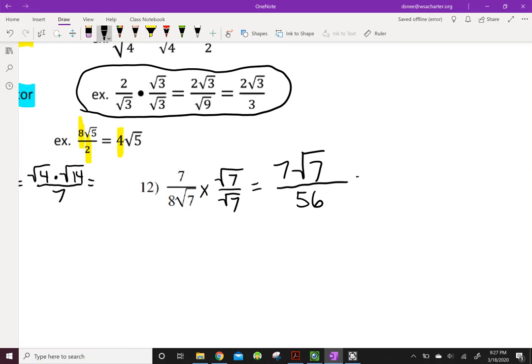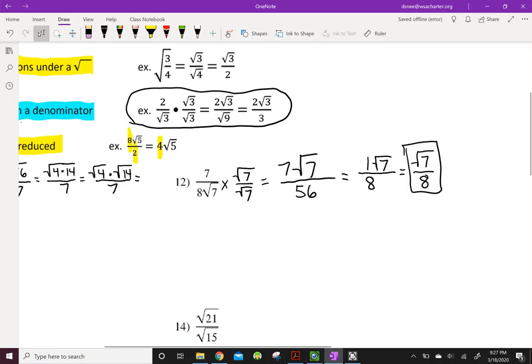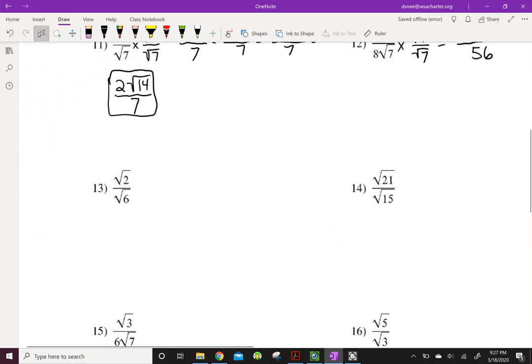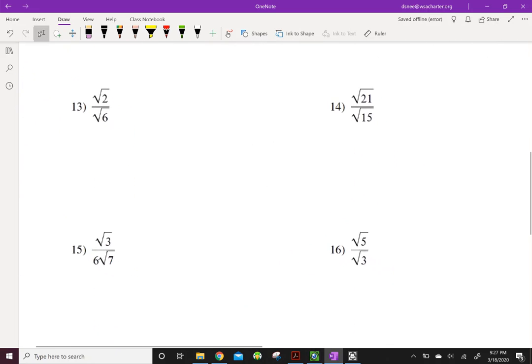Okay, so 56 divided by 7 equals 8. So I have 1 root 7 over 8. And the only thing left to do is get rid of that 1. So it's equal to the square root of 7 divided by 8. Final answer, number 12.